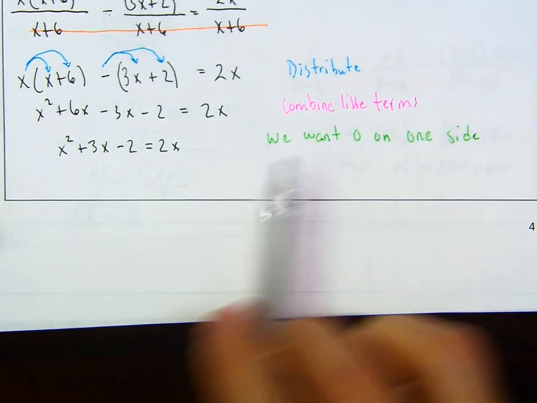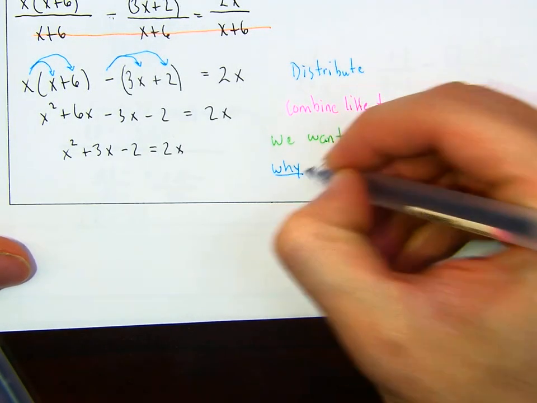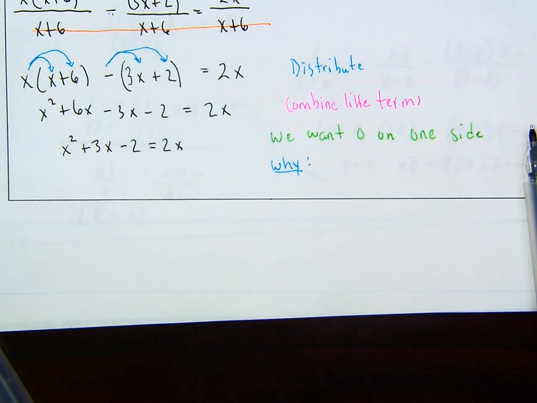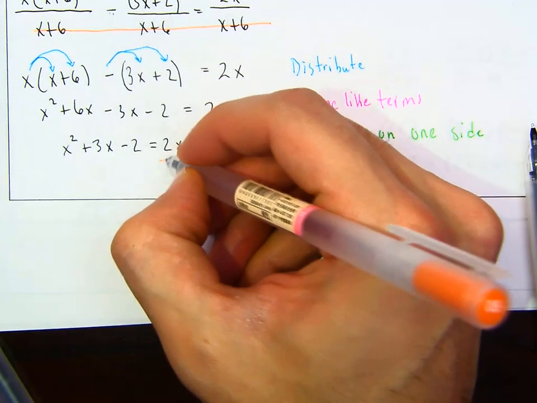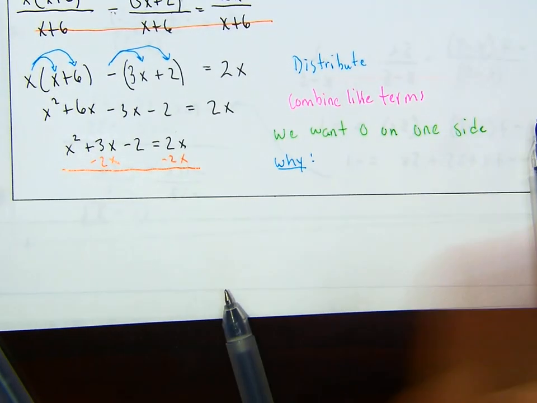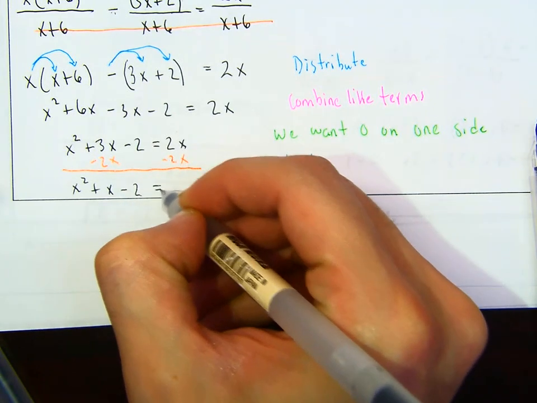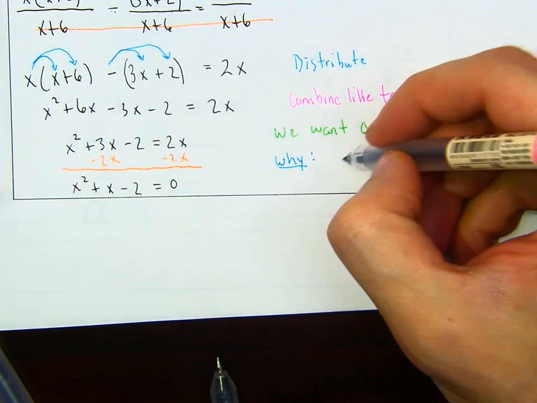Okay, now this is the most important part of the lesson, or one of them. It's why do you want 0 on one side? Okay, so let's first get 0 on one side, right? So here, how would we do it? You would have minus 2x minus 2x, and now here we have x squared plus x minus 2 equals 0. Now, why did we want 0 on one side?